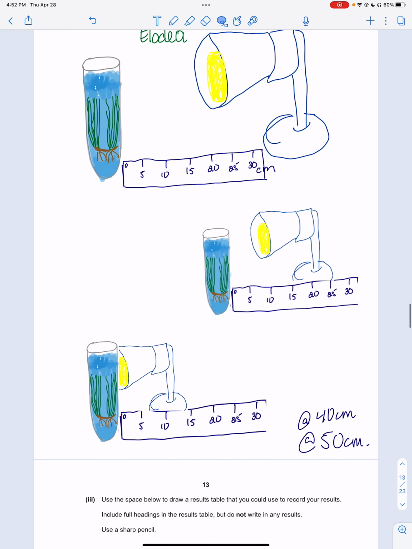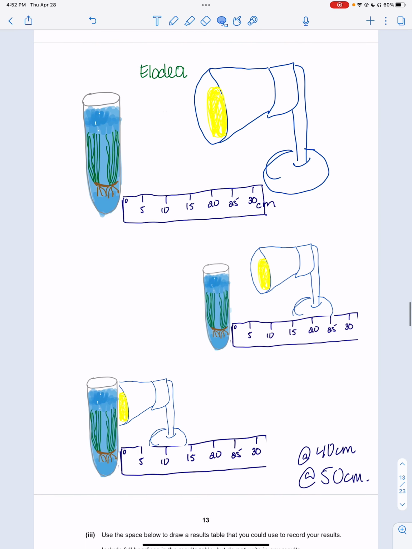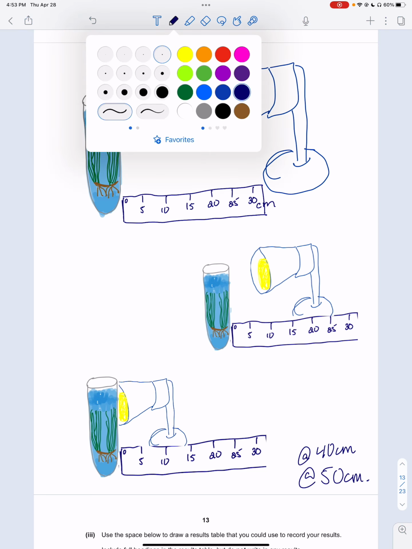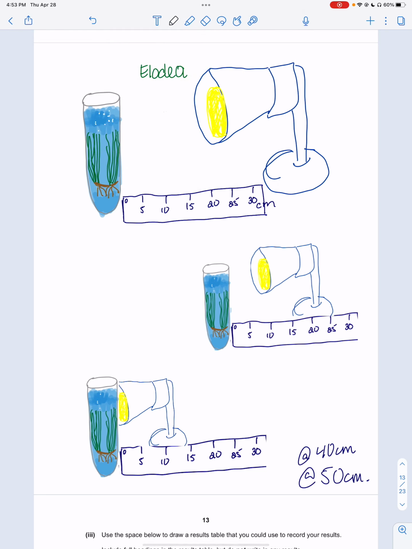So an idea of repeating this. So maybe this entire situation that you're doing, you and maybe another person are doing at the same time, in the same area, same place. You'll want to make sure that you get your seagrass from the same area. Those are the control variables you want to try and maintain. You're going to do this whole setup maybe, let's say, 3 to 5 times. So for 1 minute, you're counting bubbles that are coming out of this test tube at the 30 centimeter mark.